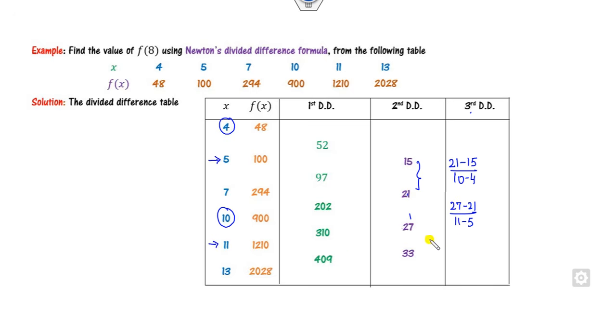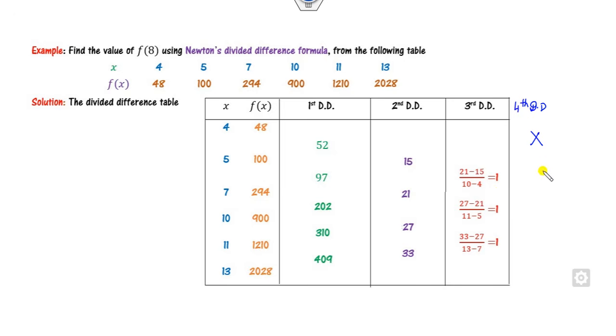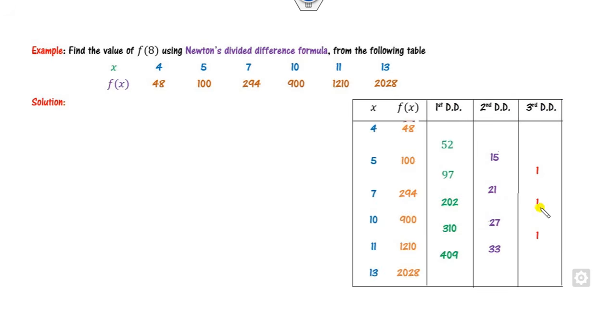And the last number is 33 minus 27, 30 minus 7. So you have to write the calculation in between these numbers. Now you can see it's a constant series, so there is no need to find the fourth divided difference because we get a constant series.